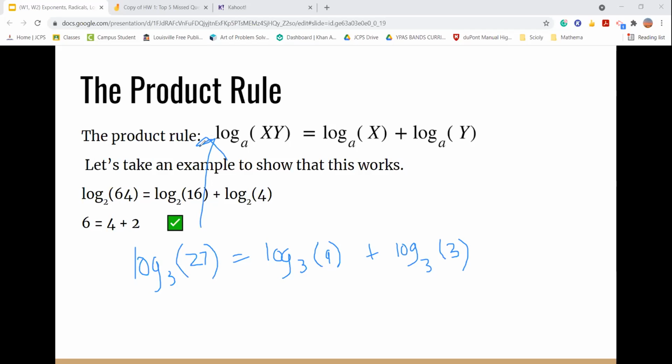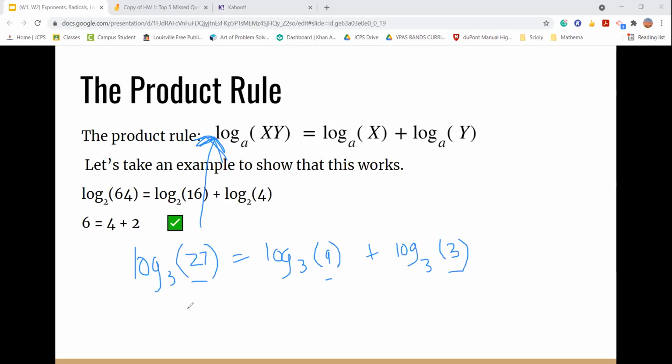Nothing more complicated than that. First I need to make sure that this number times this number is equal to this number. So 9 times 3 is indeed 27, right?